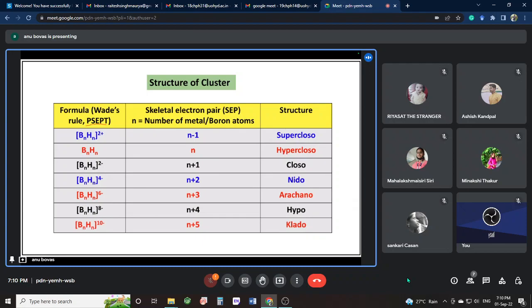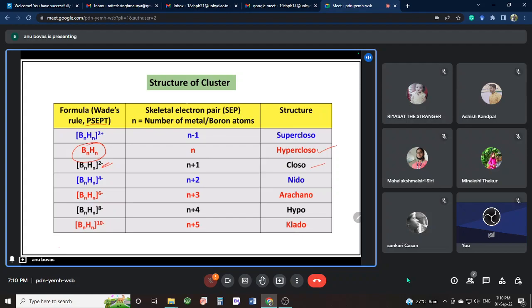For example, in a question they will directly give formulas like B5H5. If the formula is B5H5, it follows the group BnHn. That means it has a hypercloso structure. If it has BnHn 2 minus, it will be closo structure. So from the formula itself, we can directly get the structure.